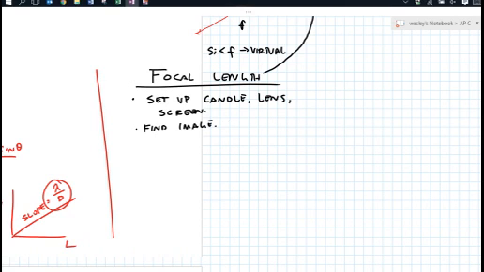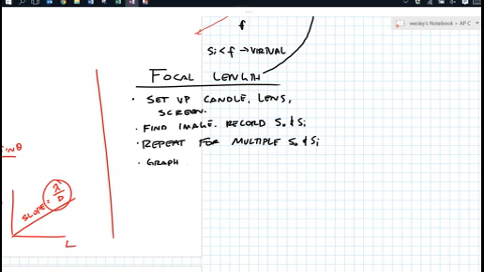Find the image. Once we find that image, we're going to record SO and SI, the object distance and the image distance. Repeat for multiple SO and SI.